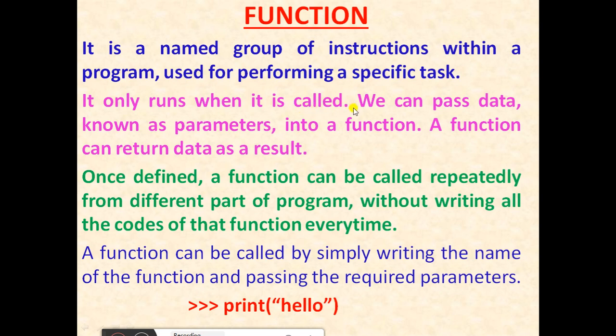We can pass any data as a parameter into a function. A function can also return data as a result. Once a function is defined, it can be called repeatedly from different parts of a program without writing any code for doing so every time.